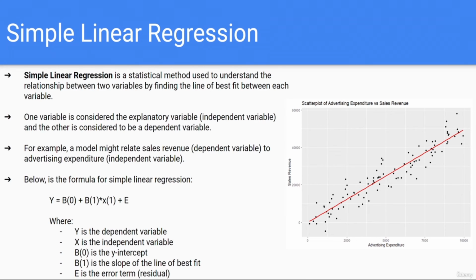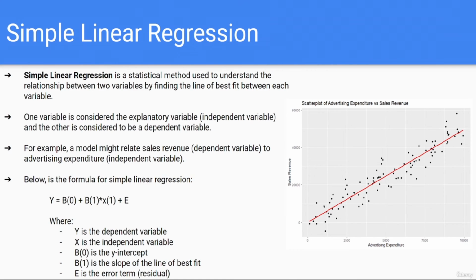Now, in linear regression, there are two types of variables. We have our independent variables, or our explanatory variables. These could be one or more. In simple linear regression, we're only using one explanatory variable that is supposed to be used to explain or predict the dependent variable.